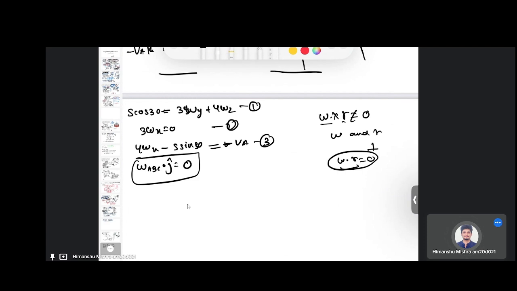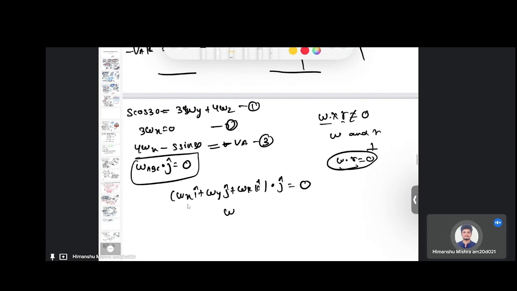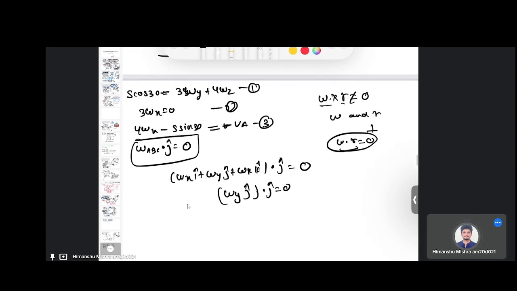So it will be omega x i plus omega y j plus omega z k, and the component in the j direction is 0, which means omega y j dotted with j is 0, because the dot product of j with i and k will anyway be 0.